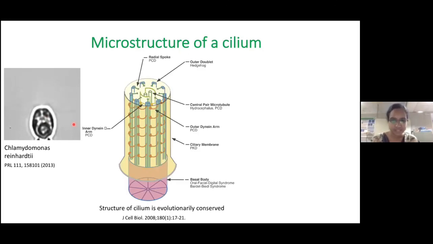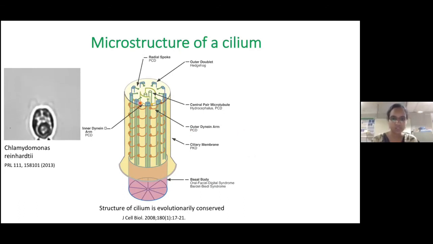Now, the interesting and helpful thing is that the microstructure of the cilia is nearly identical between human beings and Chlamydomonas. So it's evolutionarily conserved, meaning right from single-celled organisms to higher-order organisms, the microstructure of the cilium is nearly the same.